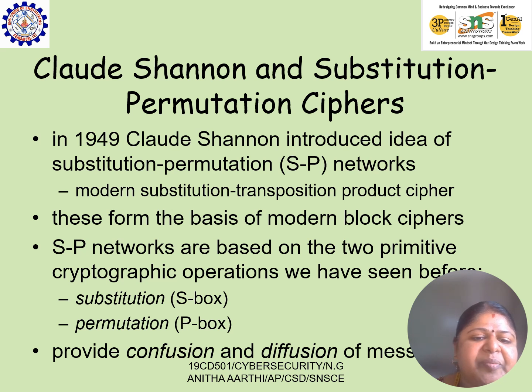SP networks are based on 2 primitive cryptographic operations we have seen before, that is substitution and permutation, S-boxes and P-boxes. This provides us confusion and diffusion of messages, which will aid in effective encryption and decryption of block ciphers. Next, the block cipher substitution technique.